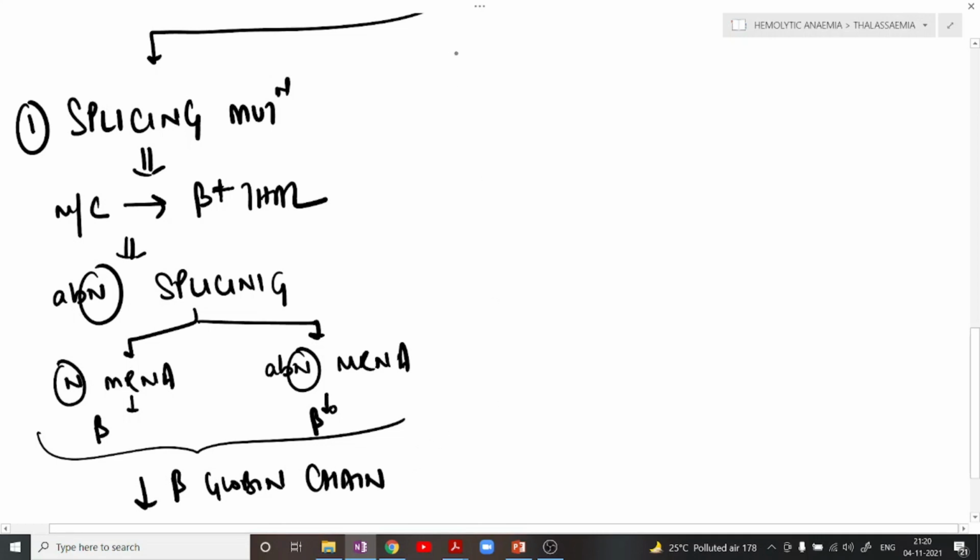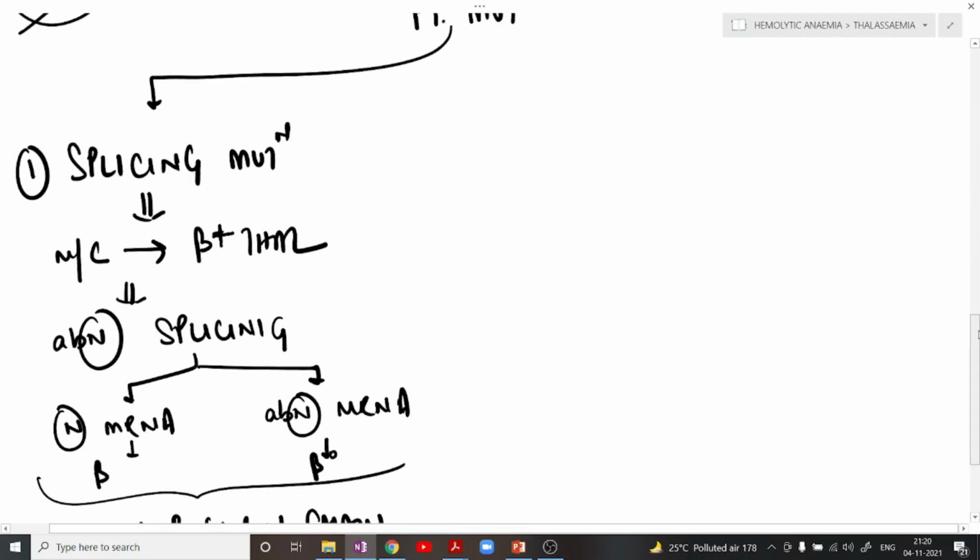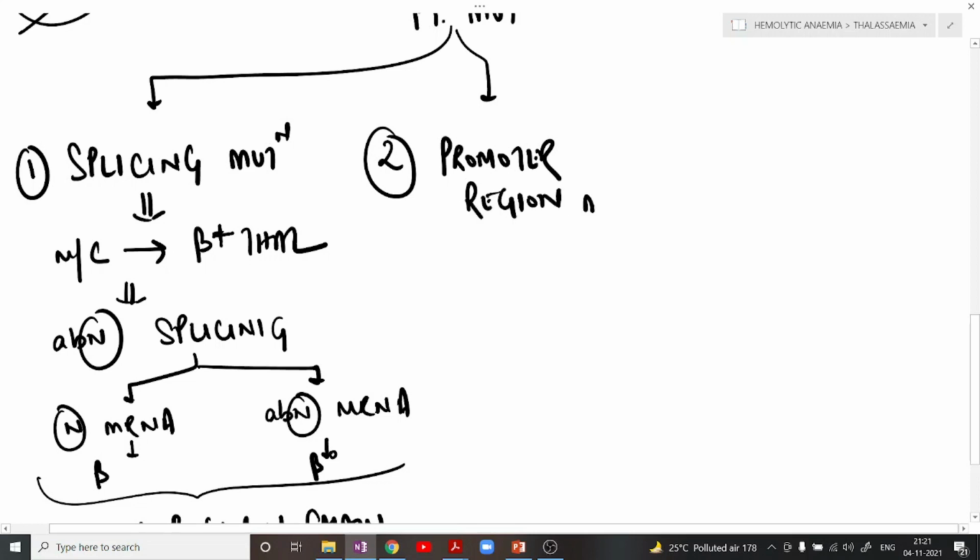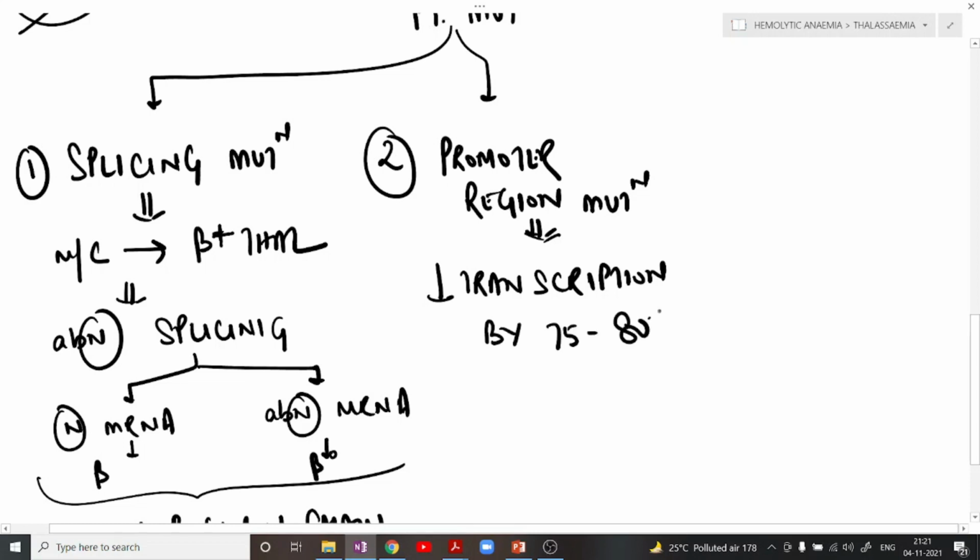Okay. Now the second kind of mutation which is occurring is called promoter region mutation. Now this promoter region mutation actually reduces your transcription process by 75 to 80%.